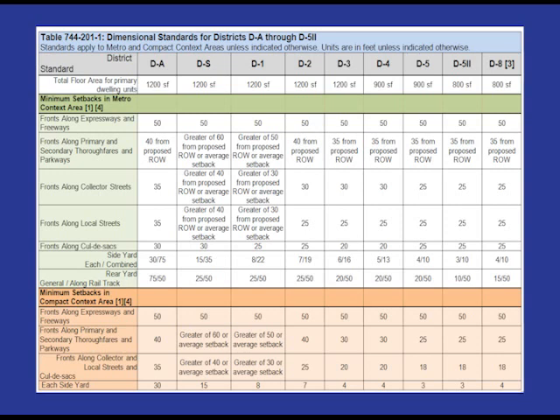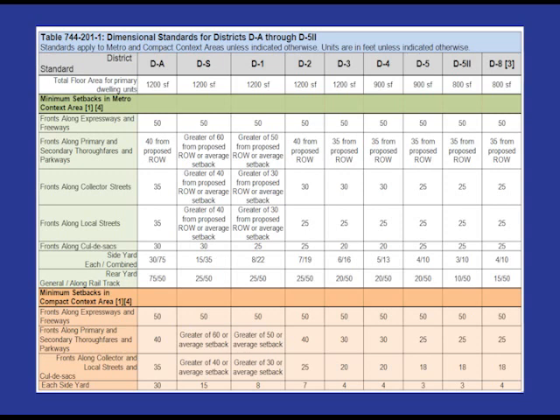At the bottom of the table, you'll notice there's an additional listing of setback requirements. This is if the lot is located in the compact context area. So as I noted before, there can be a difference in the setback requirements depending on whether it's located in the metro context area or the compact context area.